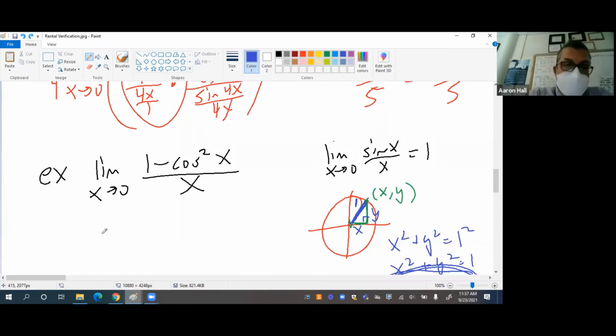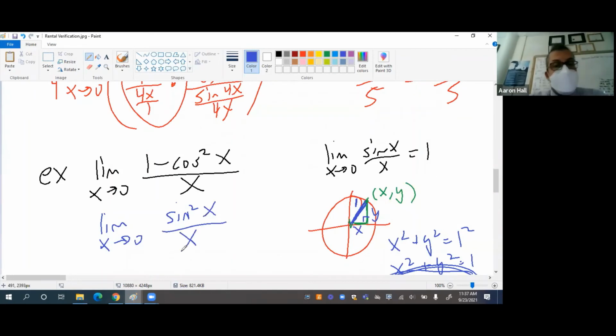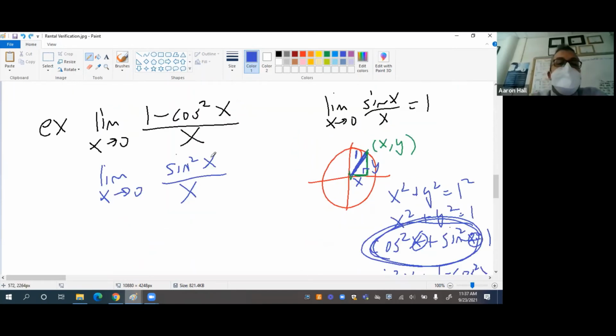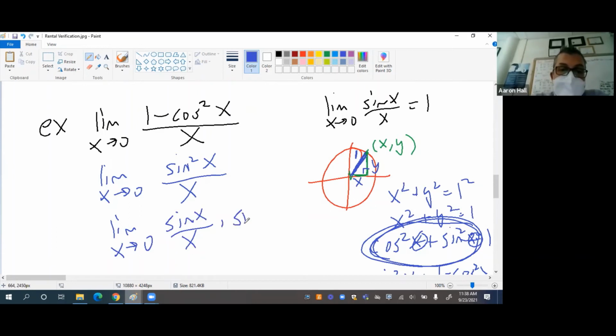So that gives us the limit as x approaches 0 of sine squared x over x. Is that what we needed? No, sine. Okay, we're one step away. When we square something, it means we have 2 of them. So I have the limit as x approaches 0 of sine of x over x times sine of x.